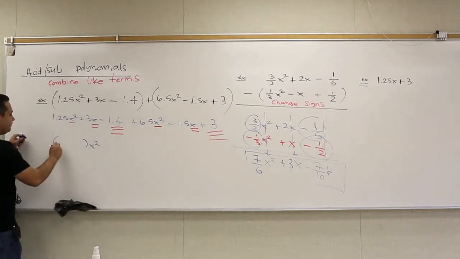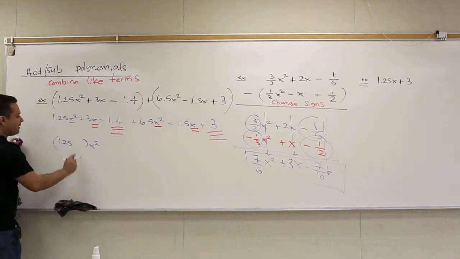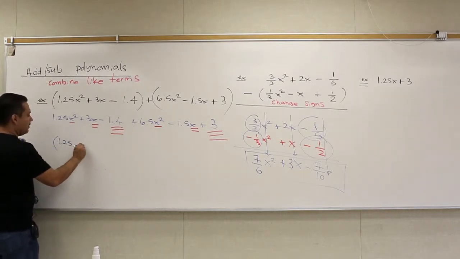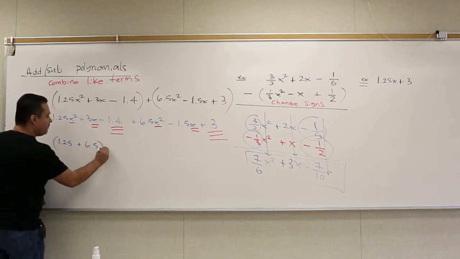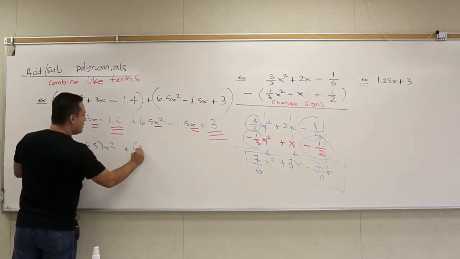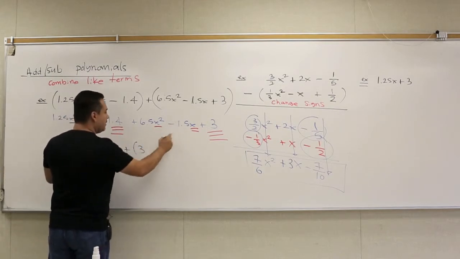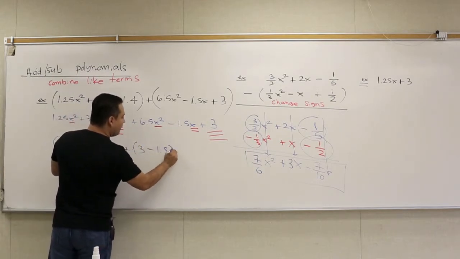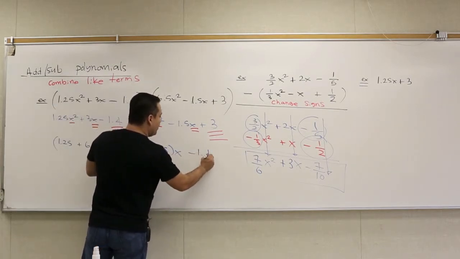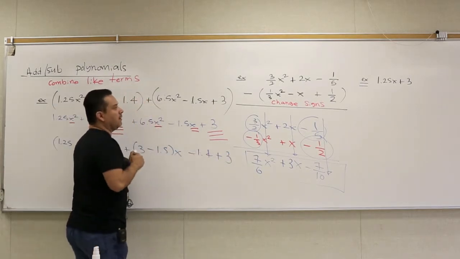What do I have? 1.25, is that right? Plus what? 6.5. That's for the x squareds. Now go to the x's. Plus 3 with what? Negative 1.5. That's an x. And then I have this minus 1.4 plus my 3.